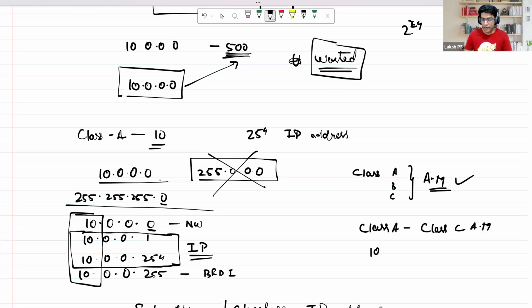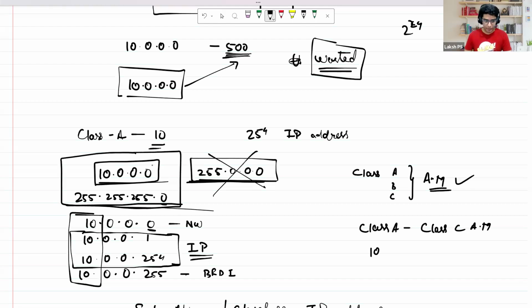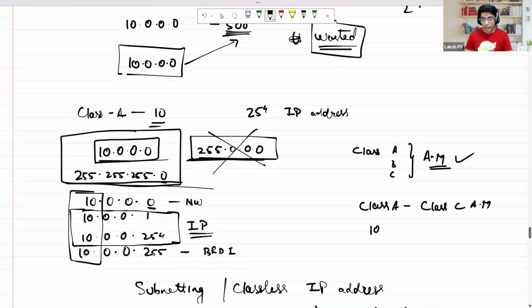For example, let's say 10.0.0.0 is a class A IP address, and instead of the class A address mask, that is 255.0.0.0, I'm using 255.255.255.0, which is a class C address mask. Hence, this is called classless IP addressing. In classless IP addressing also, you can have a range of IP addresses.